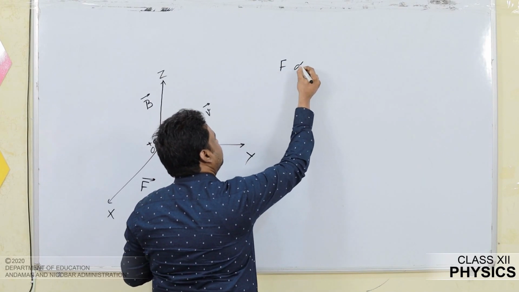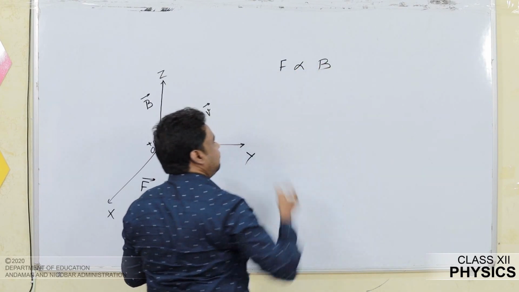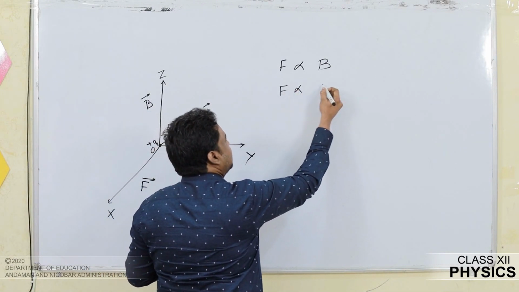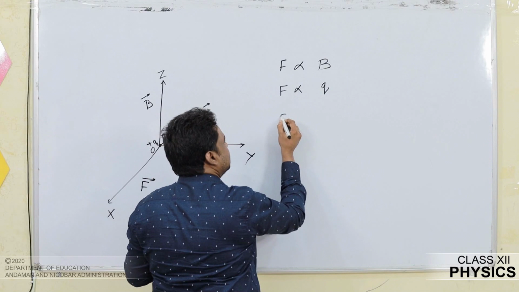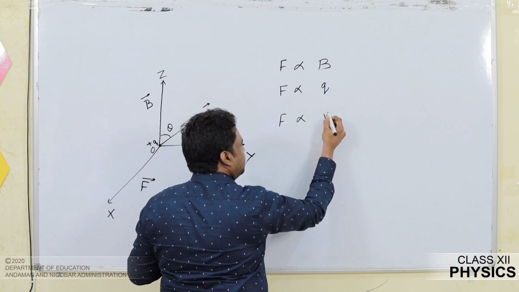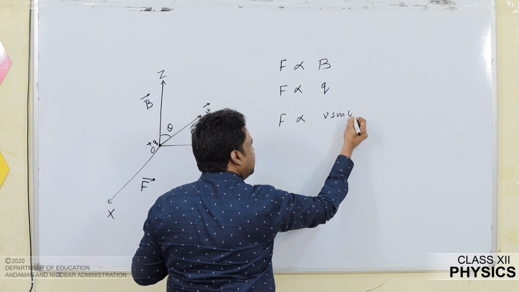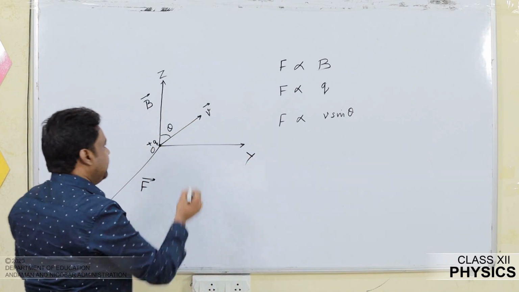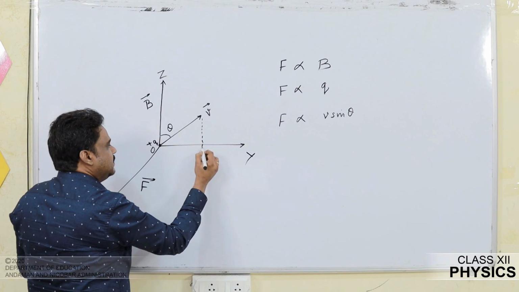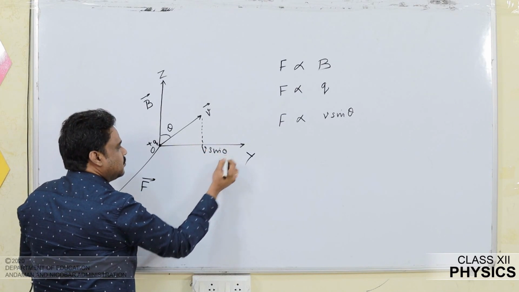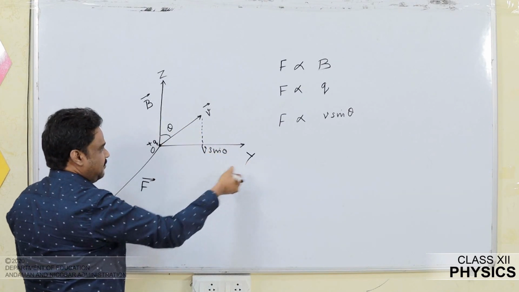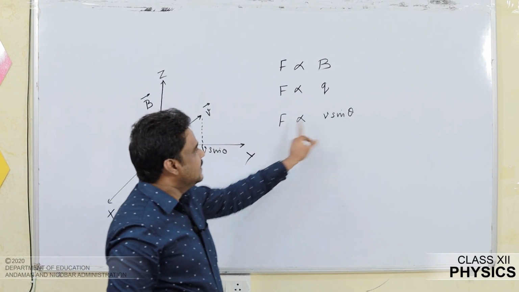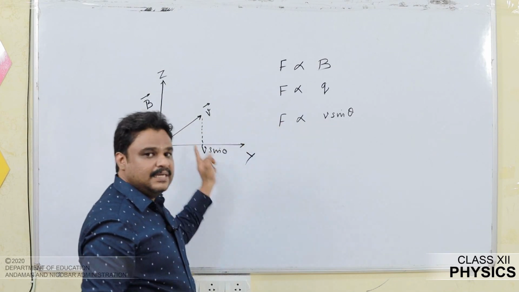It depends on the strength of the magnetic field, and on the magnitude of the charge. It depends on the component of velocity perpendicular to the magnetic field, which I write as v sine theta. If I resolve the velocity, this component will be v sine theta, and it is perpendicular to the magnetic field. So the component of velocity on which the force depends is the one perpendicular to the magnetic field.